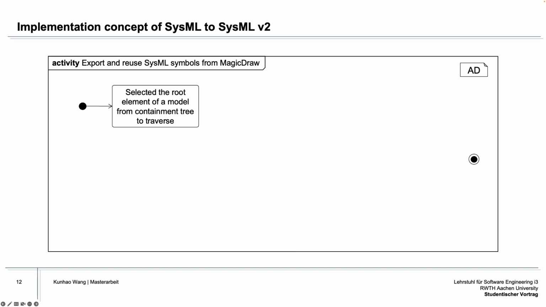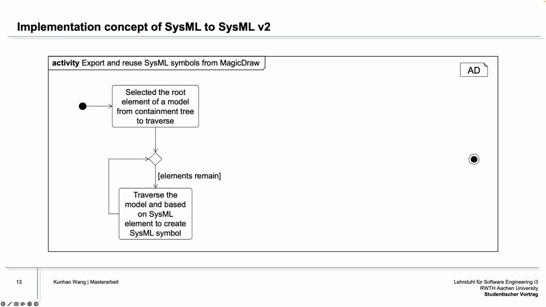Here is the implementation concept for the direction from SysML to SysML v2. After obtaining the mapping of the SysML elements to SysML symbols, we can, based on this mapping, create the symbol table of a SysML model. The model elements are tree structured in the containment tree of MagicDraw. Therefore, we can select the root element of a model to traverse the other model elements in this model.